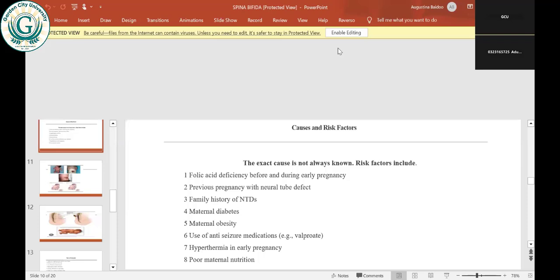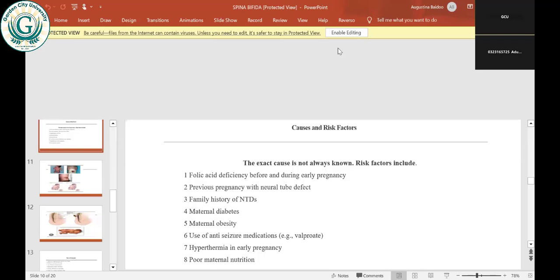Since a family has common genes, if neural tube defect runs in a family, there is a percentage of couples from such families having that condition. Please, I'll combine the maternal diabetes and poorly controlled pre-existing diabetes.